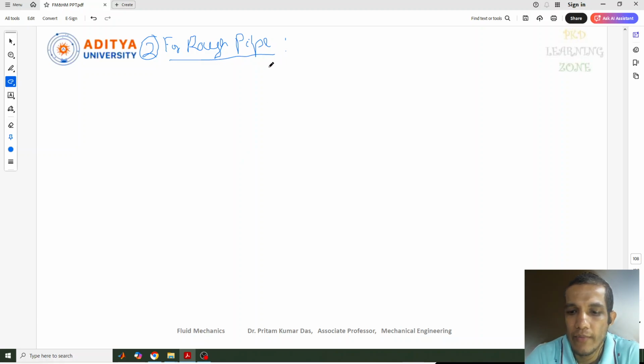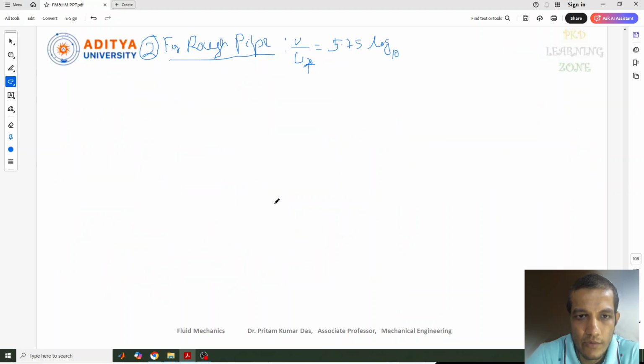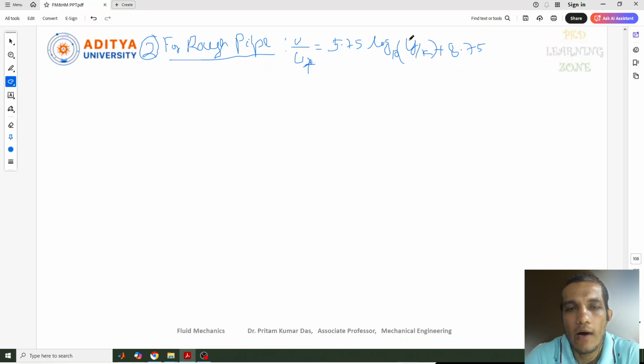So I can write for the rough pipe the velocity distribution at any point for turbulent flow: u by u star equal to 5.75 log 10 of y by k plus 8.75.